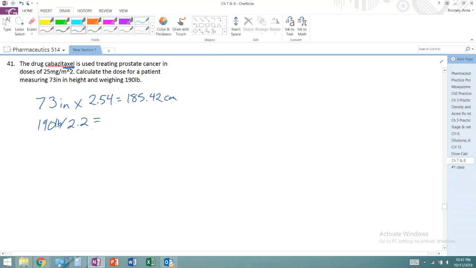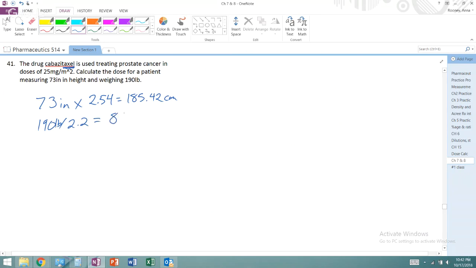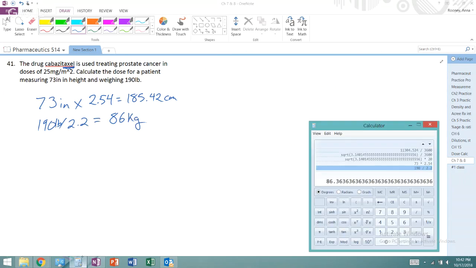I think that's like 6 foot 1 inch. Yeah, because 72 inches is 6 feet. 60 is 5 feet. Yep. All right, and then 190 divided by 2.2. So that is 86 kilograms. Well, actually, I should probably put the 0.36.